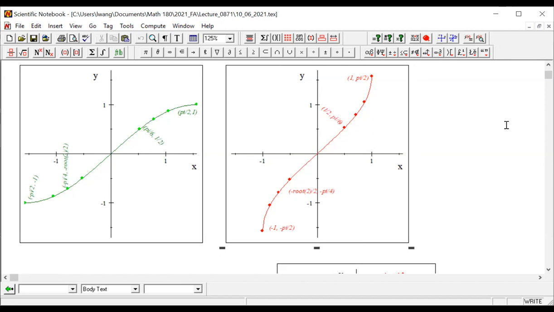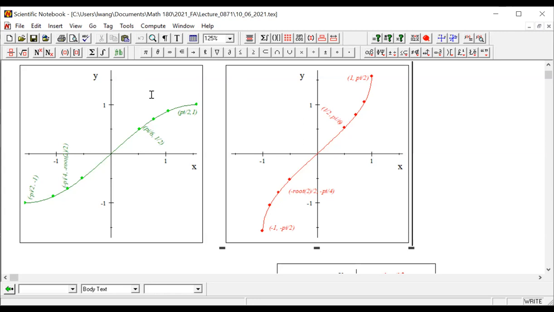You'll be quizzed on this, okay? And then we're going to bring the two pictures together. That's after we're done with the plot, the graph, the points.